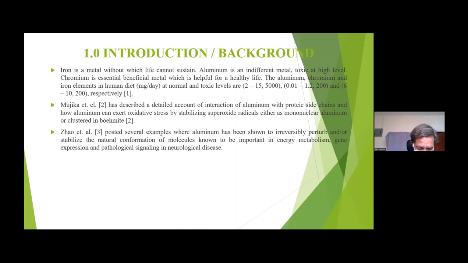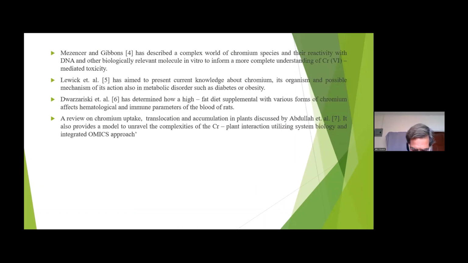Meganser and Gibbons, reference number 4, have described a complex world of chromium species and their activity with DNA and other biologically relevant molecules in vitro, to inform a more complex understanding of chromium-6 mediated toxicity.